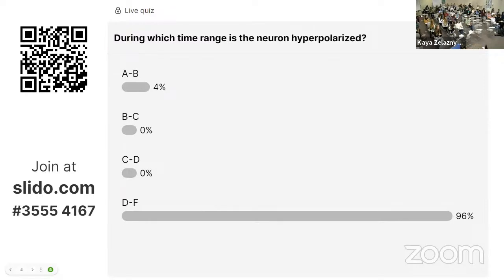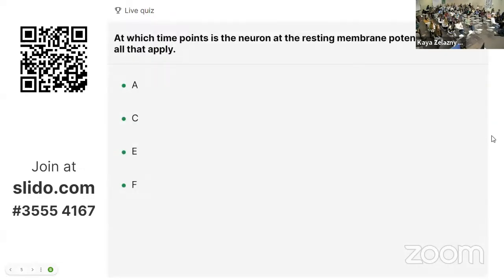Yes, so that hyperpolarization, we have just walked through these phases of the action potential in order. The hyperpolarization, when we're down below negative 70, eventually we will come back to our resting membrane potential. That is correct.